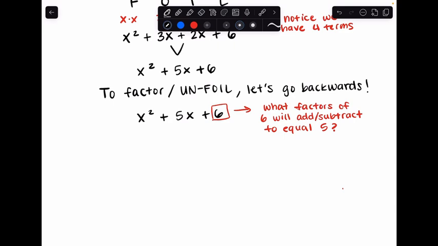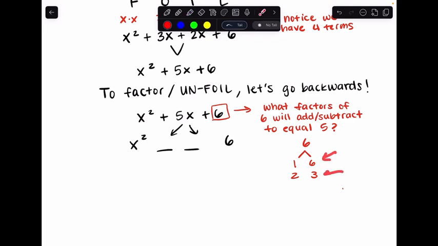So what two numbers would add to give you a 5? I'm going to list out our pairs of factors of 6. So 1 times 6 is 6, and then 2 times 3. Those are the only pairs that we have for 6. Then you look between your combinations. Which one would add to give you a 5? Well, I know that 2 and 3, if you add those together, you're going to get a 5.